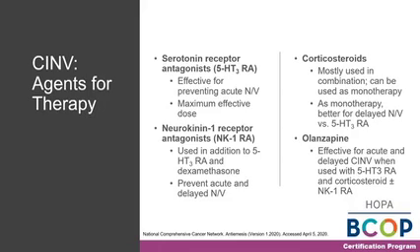However, they should not be used as monotherapy, as they've been found to be no more effective than placebo in this setting. Common side effects include fatigue, hiccups, weakness, and diarrhea. And then another important note about these agents is that there are significant drug-drug interactions, as they are substrates, inhibitors, and inducers of CYP3A4, as well as inducers of CYP2C9. So pay careful attention to your drug interactions when these agents are being utilized.